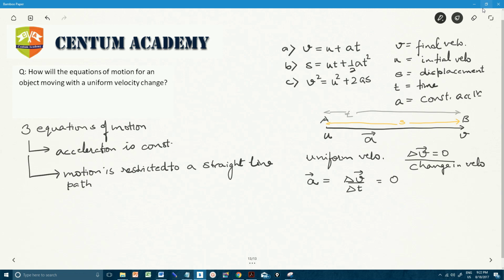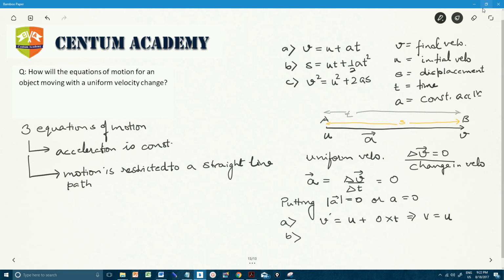Now the moment the magnitude of acceleration is 0, you put a is 0 in all three equations, you will get what? From a, putting a is equal to 0, equation a will become v is equal to u plus 0 into t, that is v is equal to u.